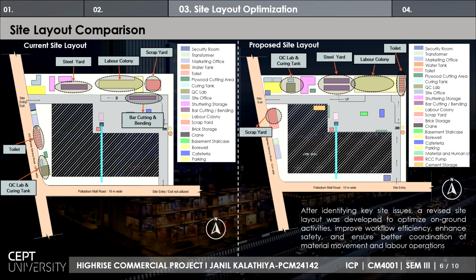Here is the scrapyard as shown in the current site layout. The scrapyard was located in the corner of the site opposite to the point of entry. It is now located near the entry, so any vehicle that comes to take out the scrap won't enter into the site.